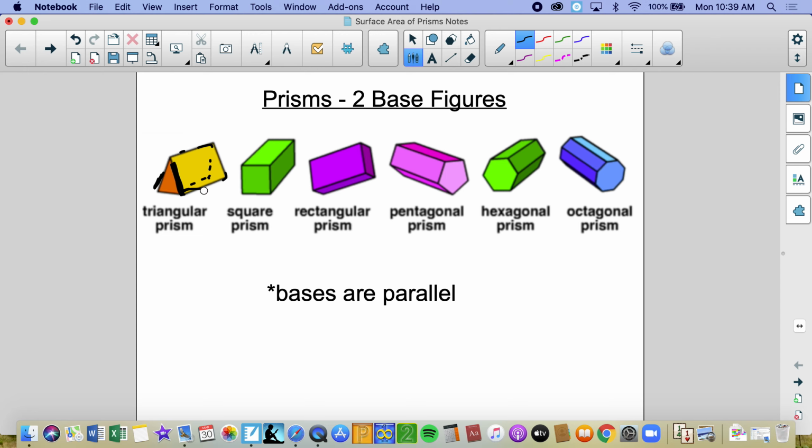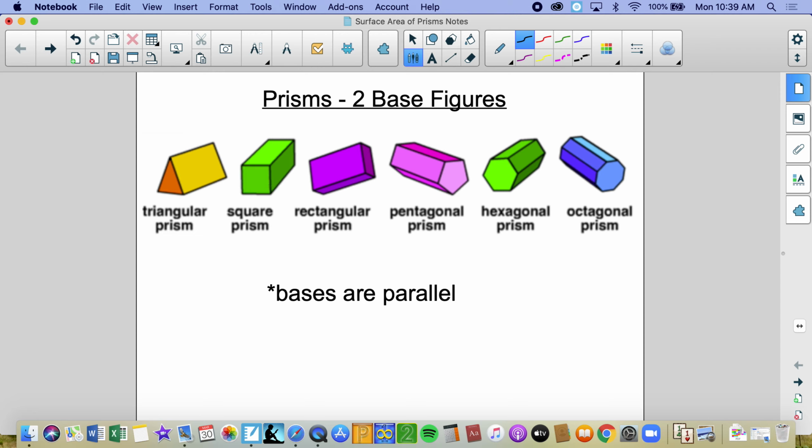So the only 2 sides that are parallel in a triangular prism would be the front face and the back face. If we look at a square prism, and this is where it gets very interesting, and perspective will be important, we could definitely look at this as the 2 parallel bases, because if we put our hands on those, they would be parallel to each other.